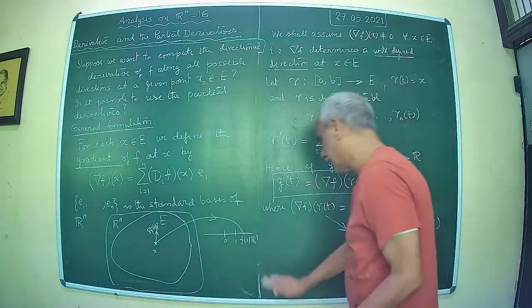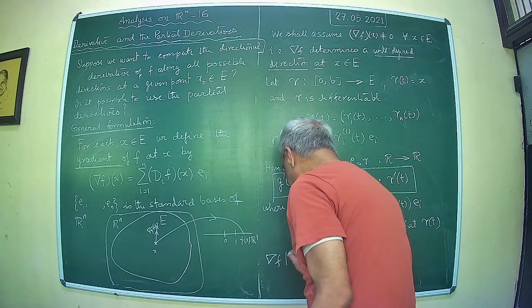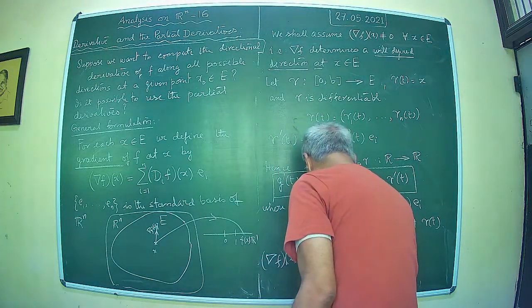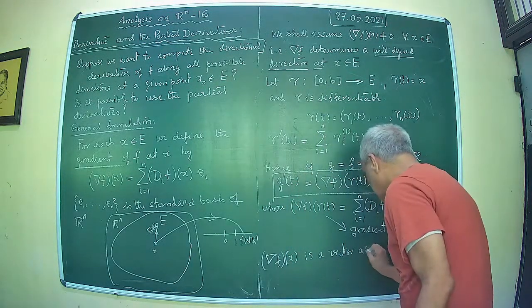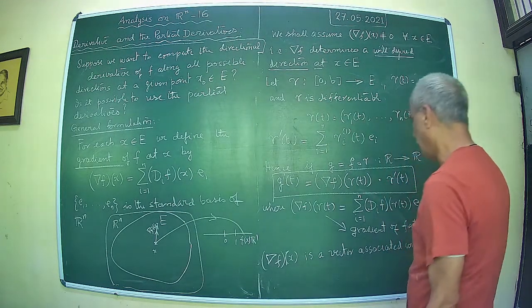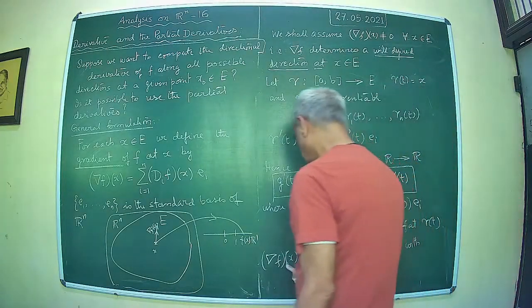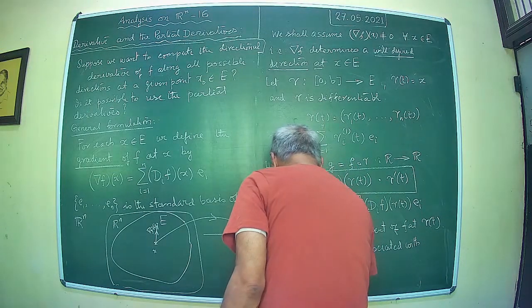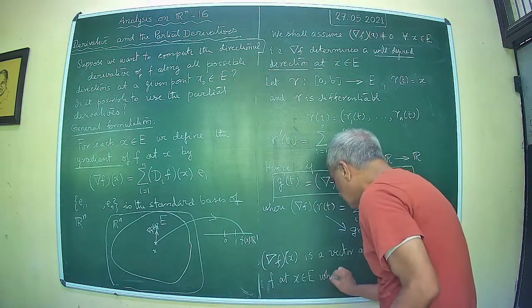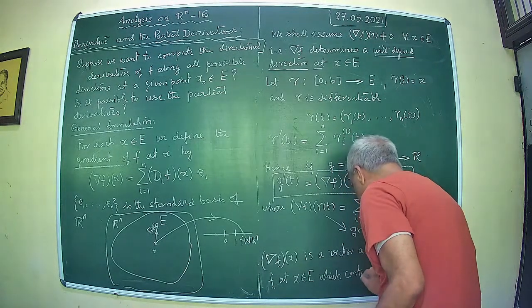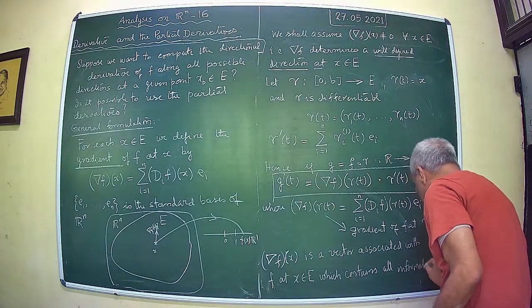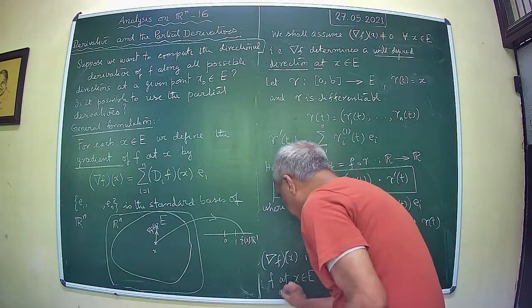Okay, so what we want to say is that grad f at x is a vector associated with f at P, which contains all information about the derivative.